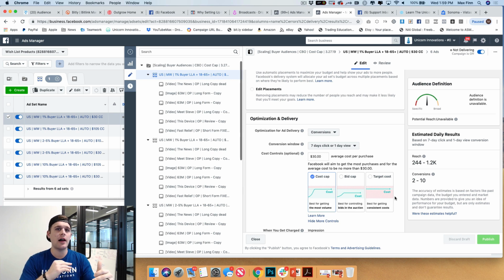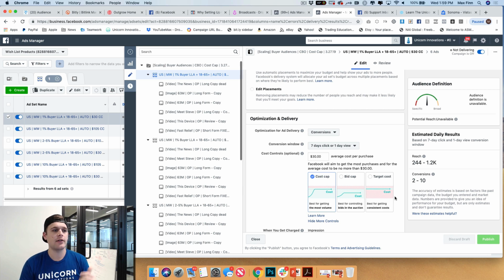So if it's a $30 average, Facebook may enter a $35 auction, it may enter a $25 auction, a $32, a $28, right? It's going to enter these different auctions and bid on these different buyers, and it's going to do it based on making the end average equal out to 30.